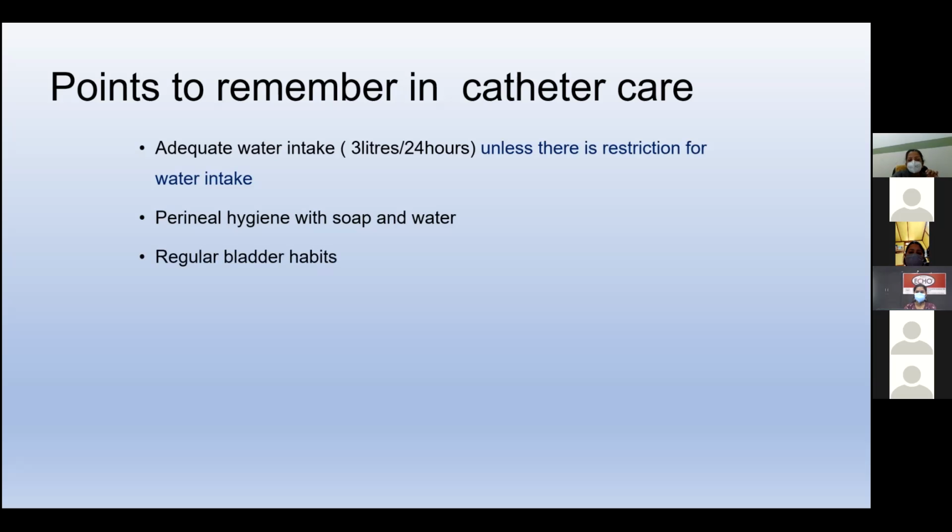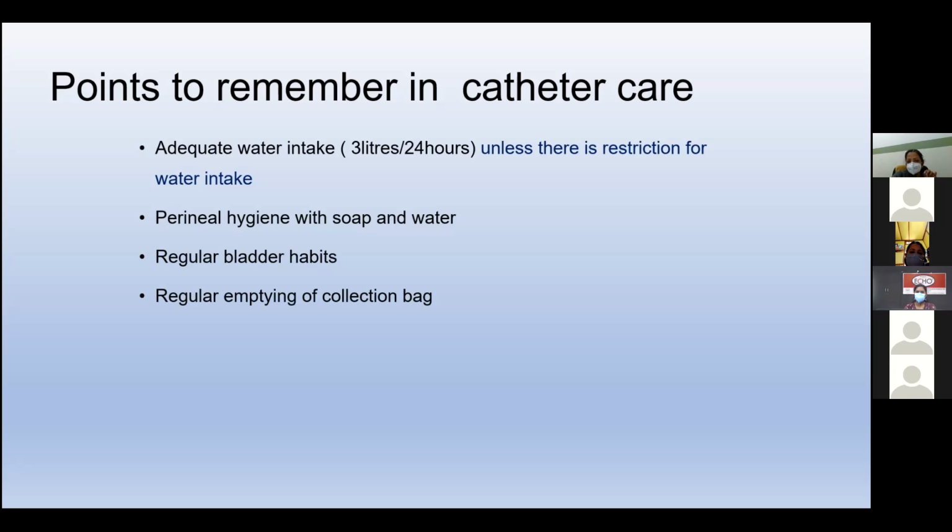And good bladder habits always help. So regular removal of urine. Okay, so that habit should be made maybe at 2 hour interval or 4 hour interval, right? As per the patient's regular habits when the patient was in good health.